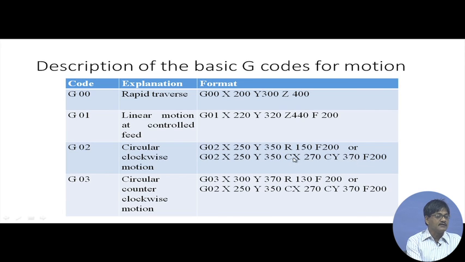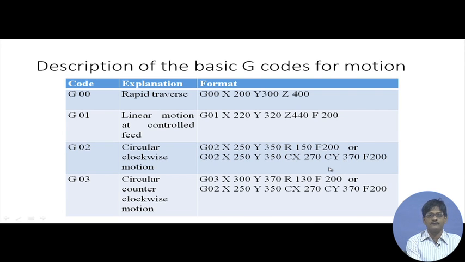So, this means that the ambiguity which was existing in the previous format is done away with by actually choosing the center coordinates. But here you have to be very careful that you give the correct center coordinates. If you give some incorrect center coordinate, it will give you an error message and the program will not be executed.